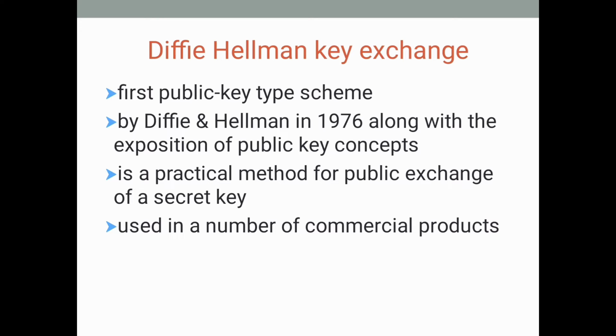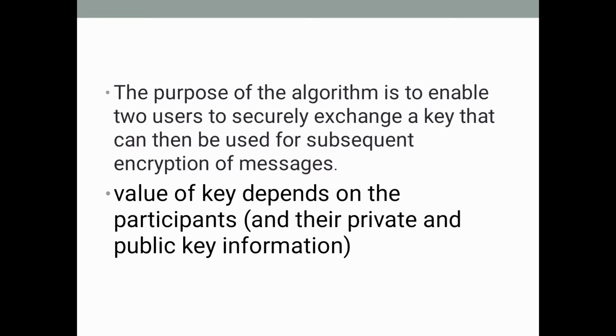Here in Diffie Hellman we are exchanging a secret key, and this is normally used in modern transactions also. The main use of this algorithm is to exchange the keys between the source and destination, between two persons who want to communicate.